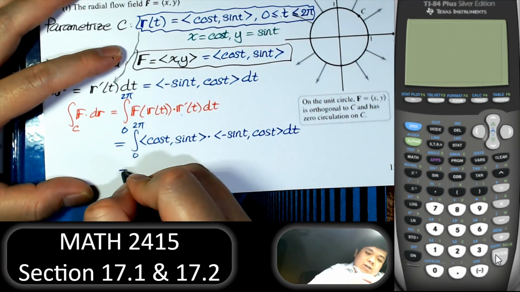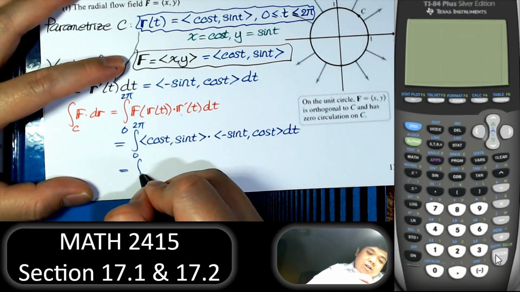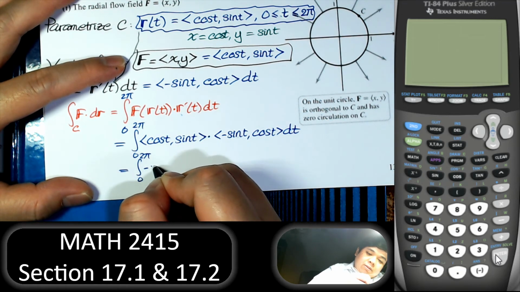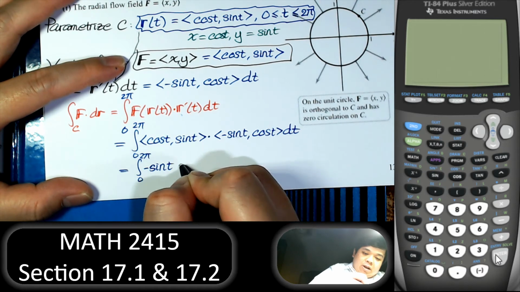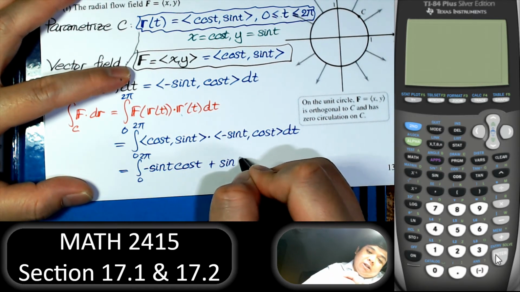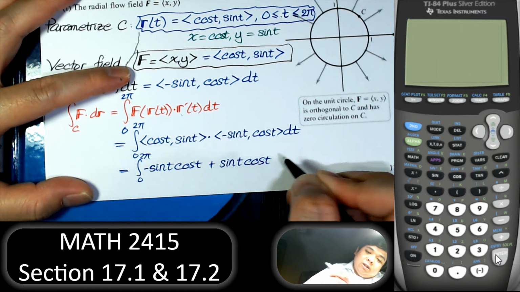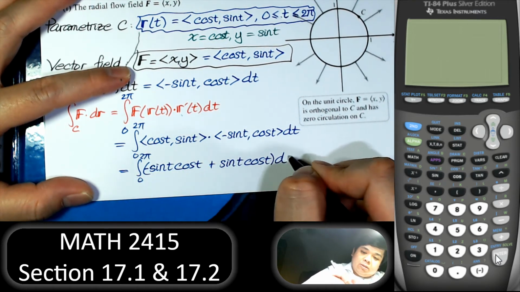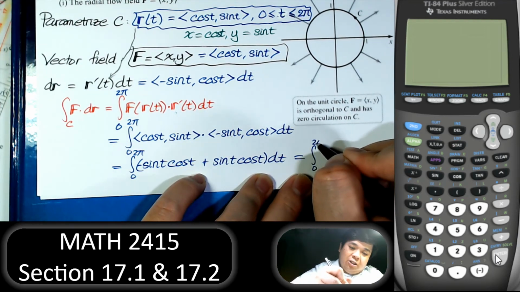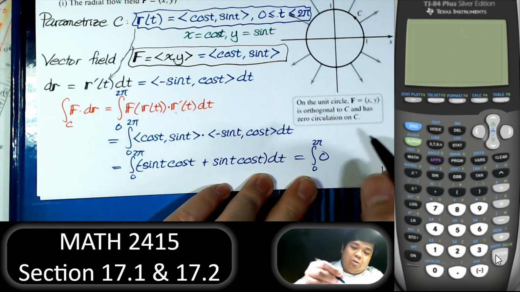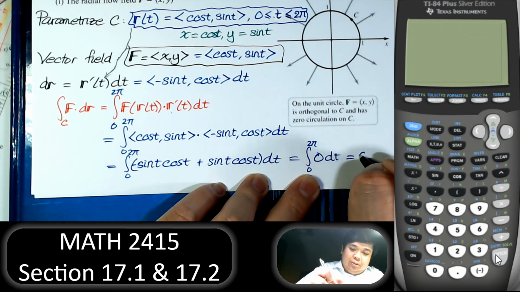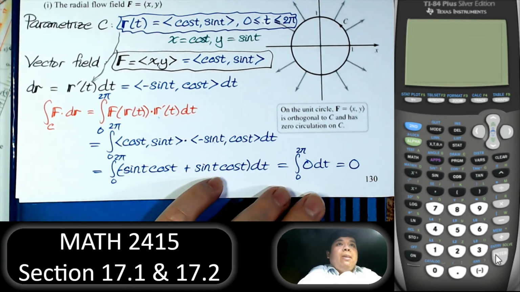Cosine times negative sine gives negative sine cosine, and plus sine cosine. So that gives us what? Sine cosine cancel out. So 0.